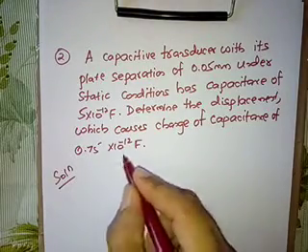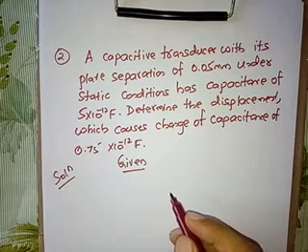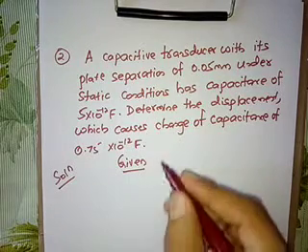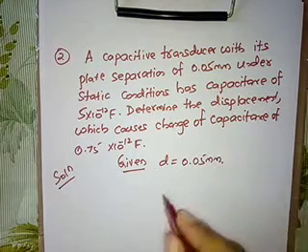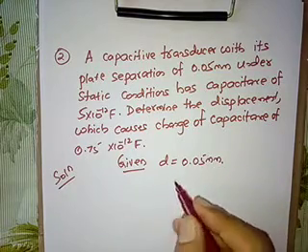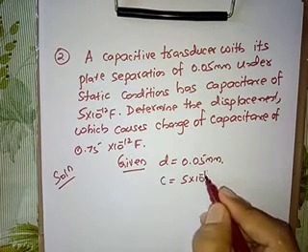Write the given data first. What is given? Capacitive transducer with its plate separation of 0.05 mm. So D is given, that is 0.05 mm. Under static conditions, capacitance is given, that is 5 into 10 raised to minus 12 farad.